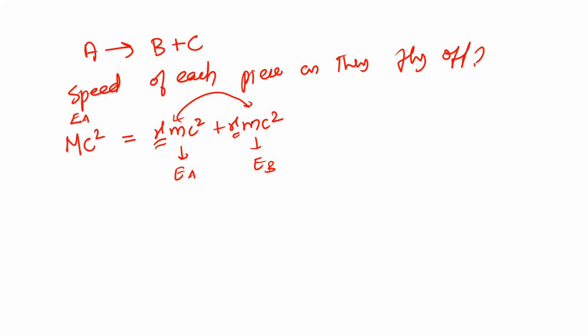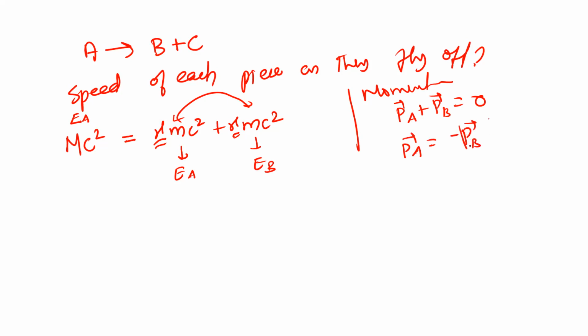Why do we use the same gamma here? Because of momentum conservation. Momentum conservation says that PA plus PB is equal to 0, because the initial momentum is 0. So PA is equal to minus PB, as vectors, or simply the modulus of PA is equal to the modulus of PB.